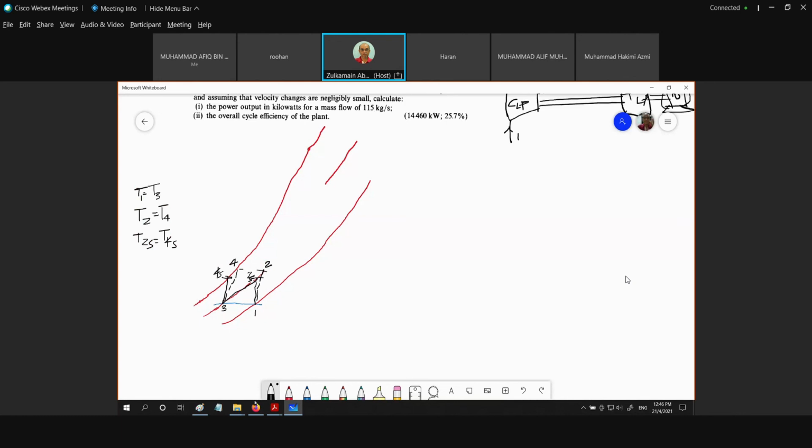Then next, what we are going to have is the expansion process. We know that for the expansion process, the inlet temperature for both turbines is the same. So we can put the same level. This is our expansion process for the first turbine, which is the high pressure turbine. We have isentropic efficiency. Again, this is the expansion process, isentropic efficiency.